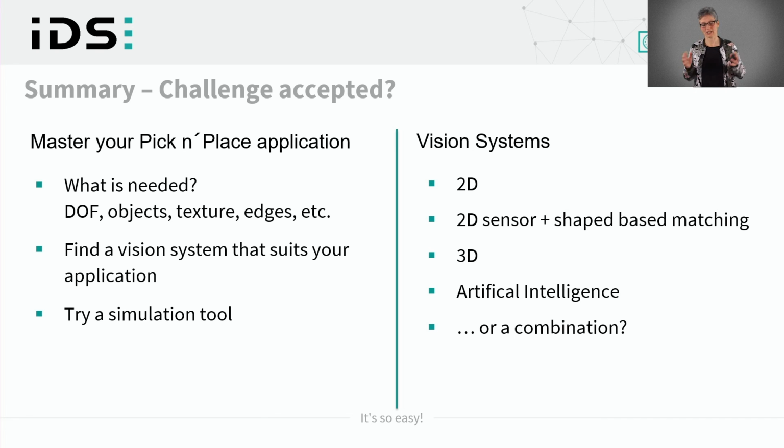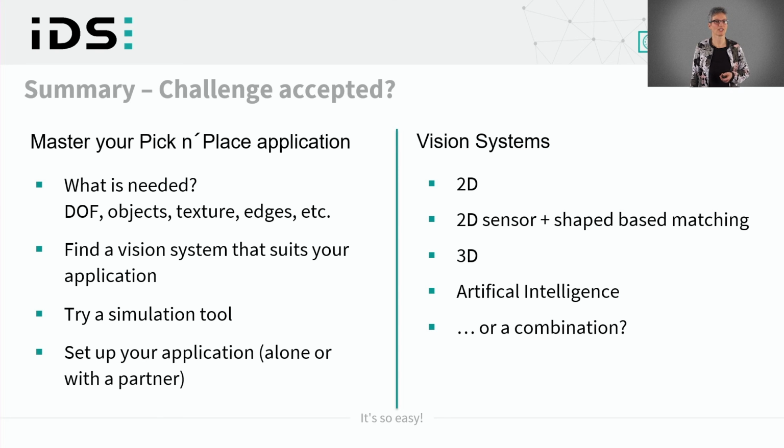So you capture your scene, you have 3D data of your reconstructed scene, and then you can use simulations to find out how good your algorithm is at locating the objects in your scene. To set up the application, you can do this alone, or you can ask for a partner.